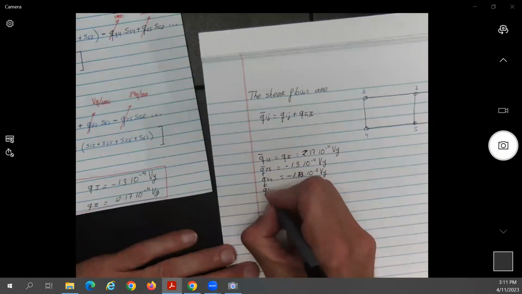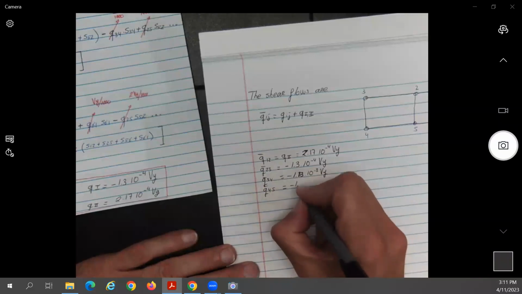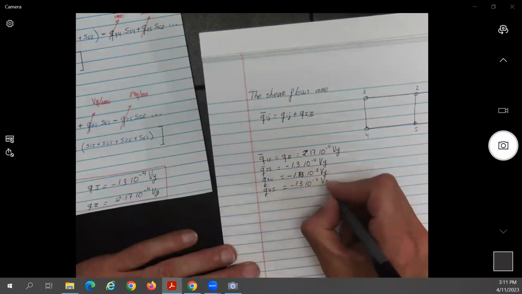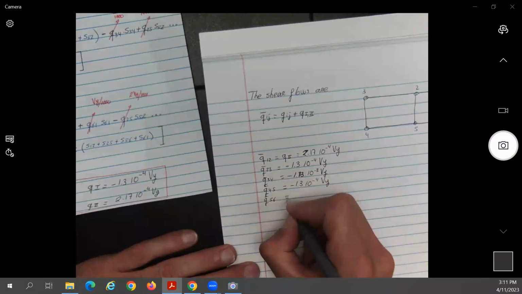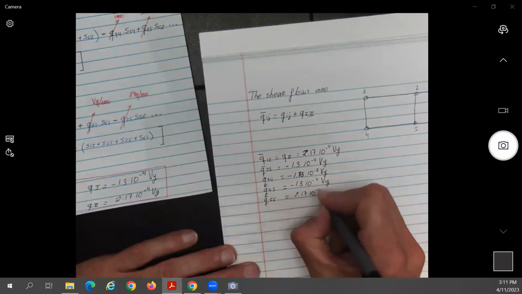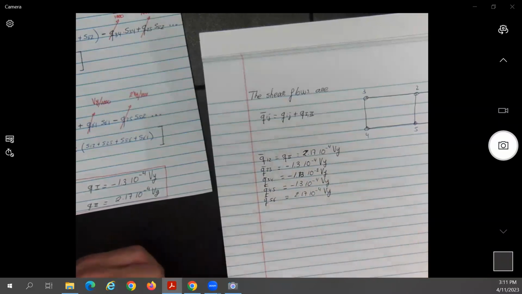Q bar 4, 5 will be equal to minus 1.3 10 to the minus 4 Vy. Q bar 5, 6 equal to 2.17 10 to the minus 4 Vy.